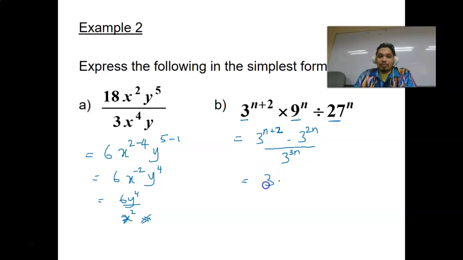So now 3 to the power of n plus 2, multiplication means plus 2n, and division means minus 3n. n plus 2n equals 3n, minus 3n equals 0. What's left is 2, so 3 squared equals 9. So we continue. This is a simple example of how to solve questions of indices.